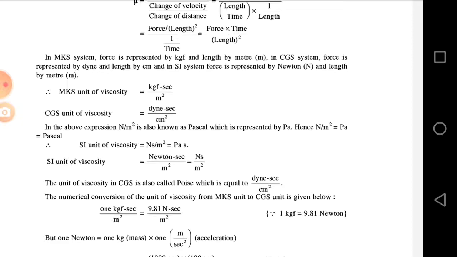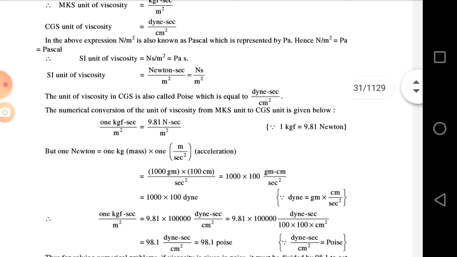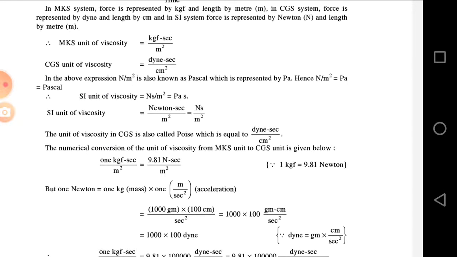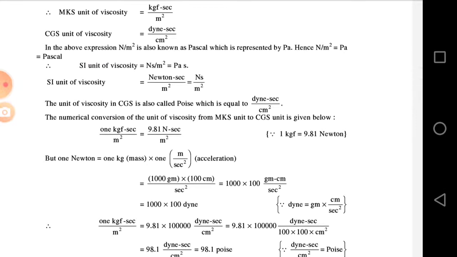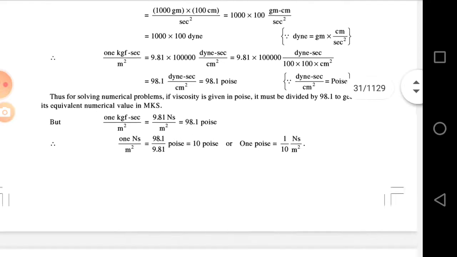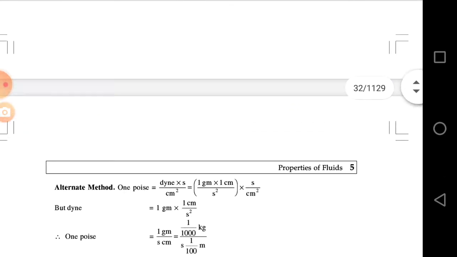SI unit of viscosity is Newton second per meter square, or Pascal second, and 1/10 of Newton second per meter square is also used as the standard unit of viscosity, which is 1 poise. Okay, 1 poise is equal to 1 divided by 10 Newton second per meter square.